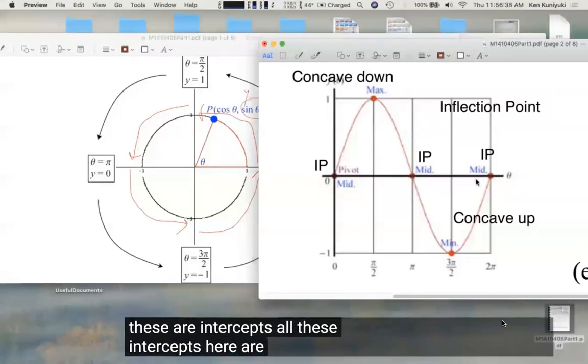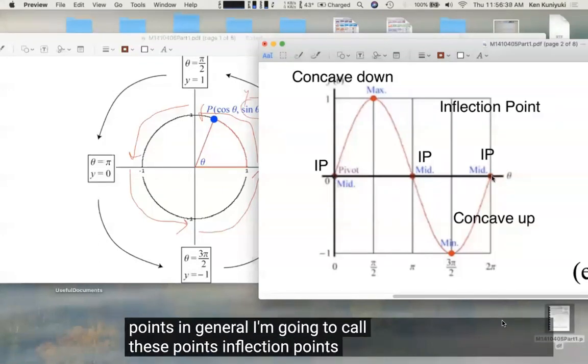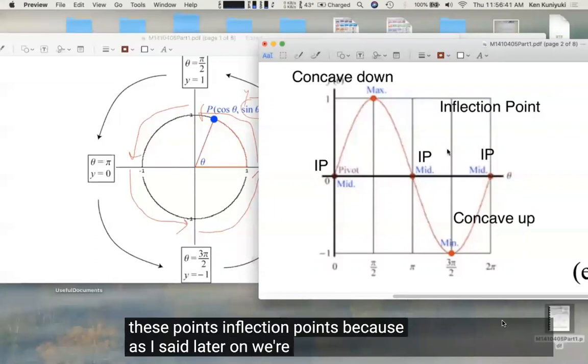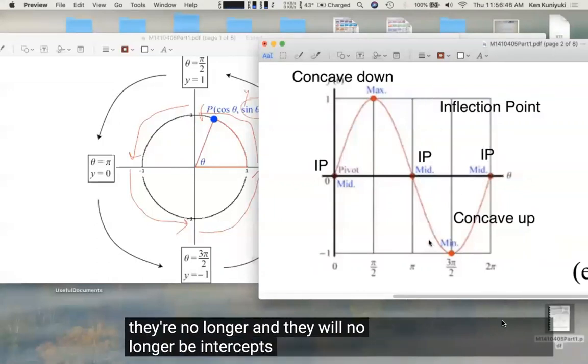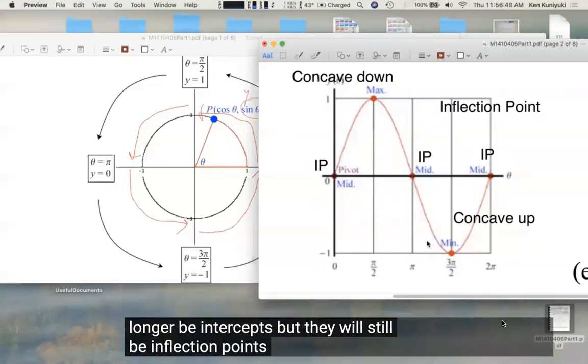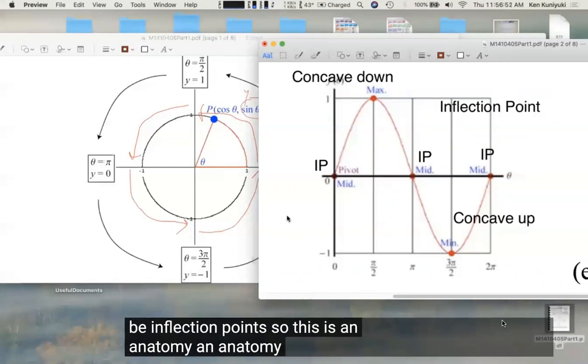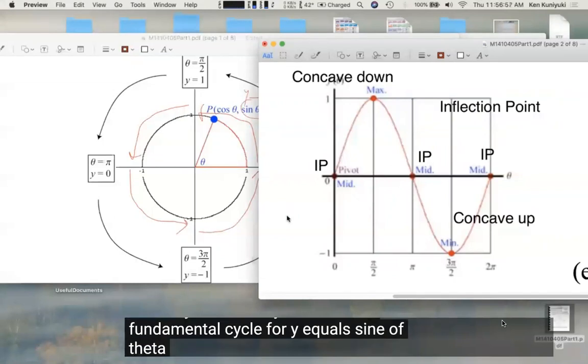All these intercepts here are also inflection points. In general, I'm going to call these points inflection points because, as I said, later on we're going to translate these graphs up and down, and they will no longer be intercepts, but they will still be inflection points. So this is an anatomy for the basic fundamental cycle for y equals sine of theta.